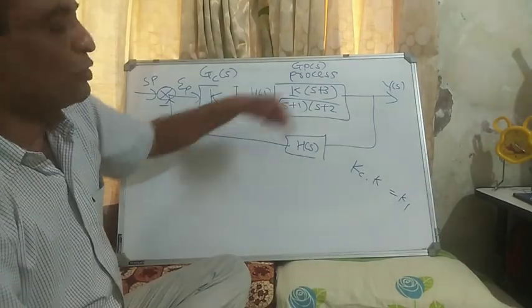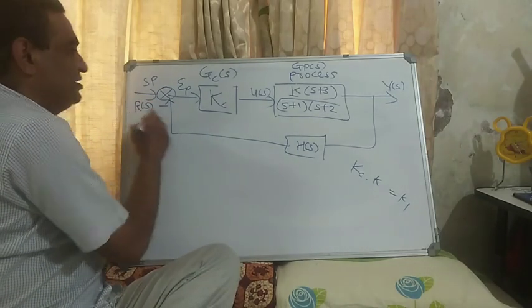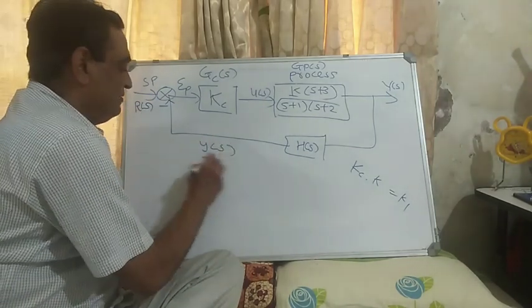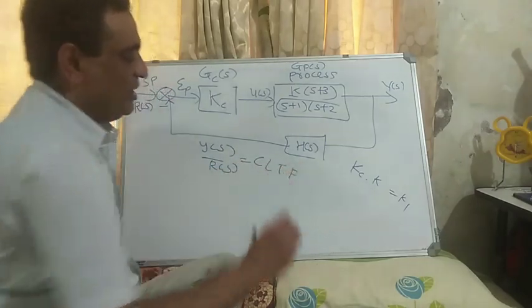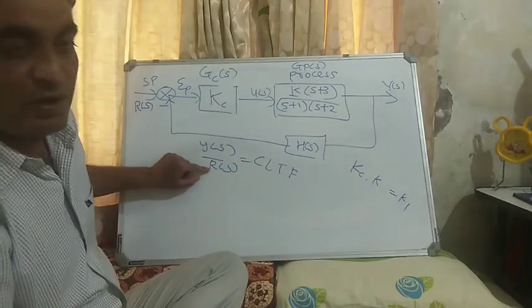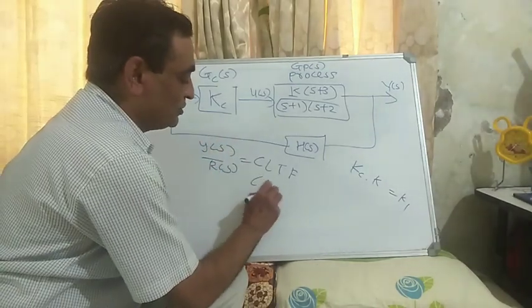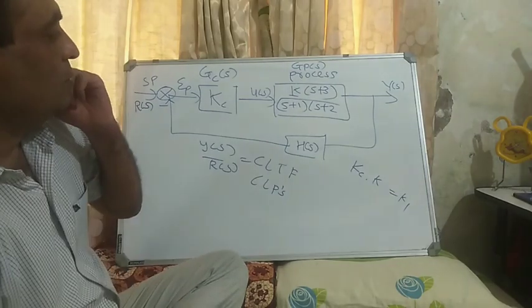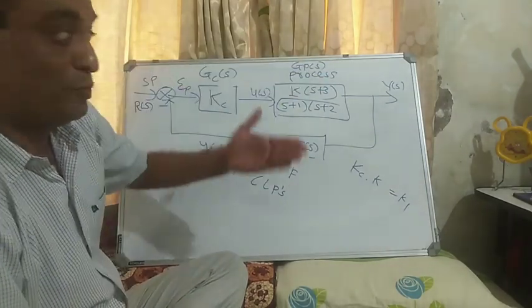Now, what are the closed loop poles? Let's say this is the reference R(s). Y(s) divided by R(s) is the closed loop transfer function, and if you find the poles of this transfer function, you will get the closed loop poles. What it means is that the root locus is the locus of closed loop poles.